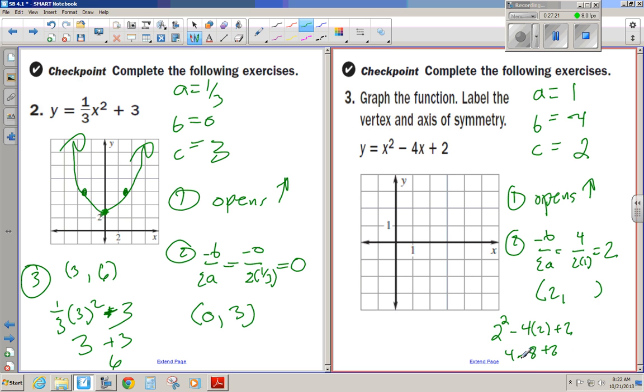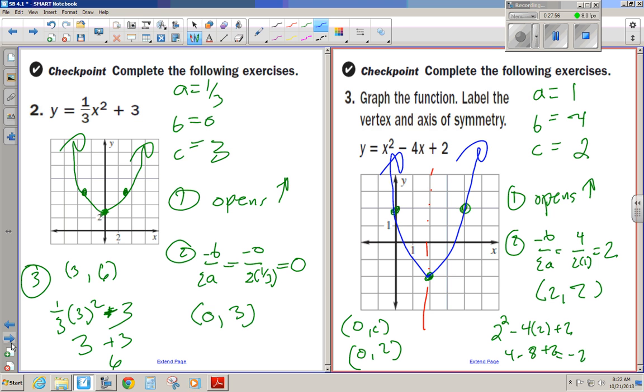Negative 2, I think. The vertex is at 2, negative 2. And we know it opens up. We need to find a second point. So this time let's use c, which is 0, 2. Let's do a mirror image on the other side of this axis of symmetry. And there's your graph.